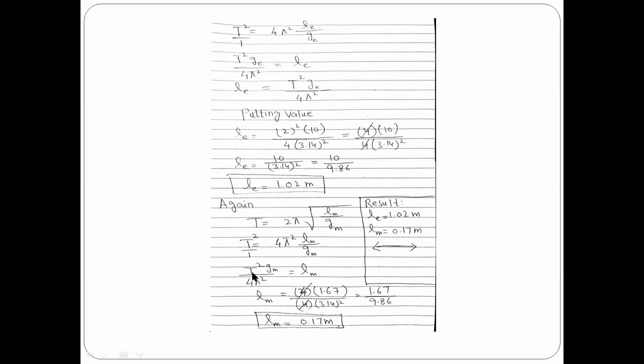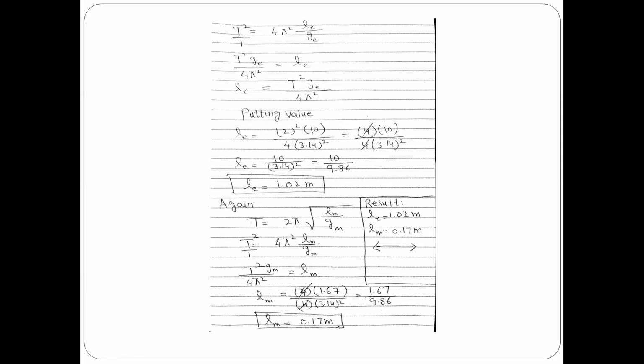The value of time period is 2, 2 square is 4, so this 4 will be cancelled with 4. 3.14 square is 9.86. 1.67 divided by 9.86, it's gonna be length on Moon is 0.17 meter. So our result will be length on Earth is 1.02, and length on Moon is 0.17 meter. So this is the end of the first numerical 10.1.